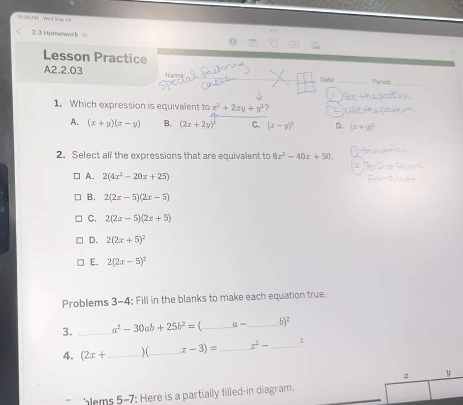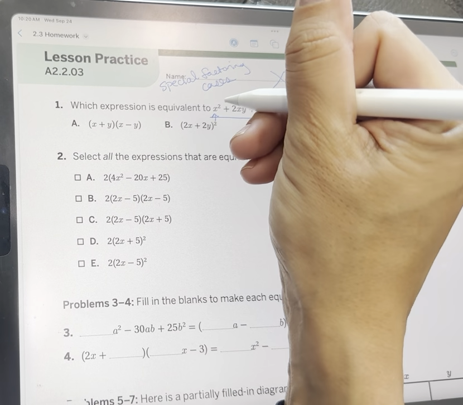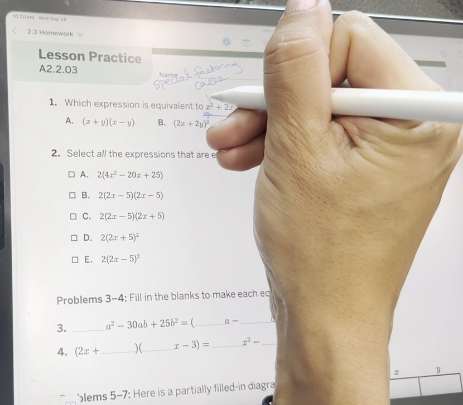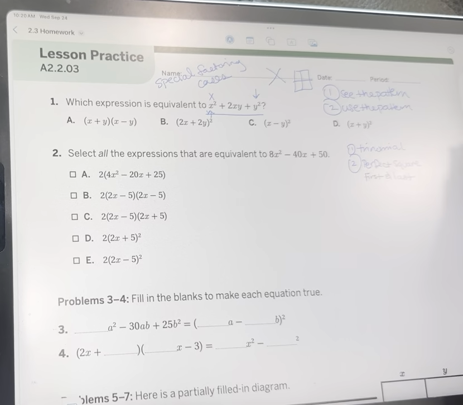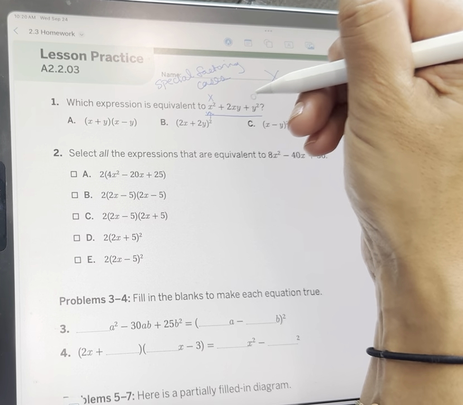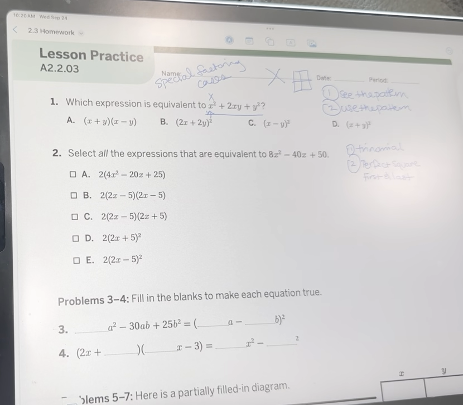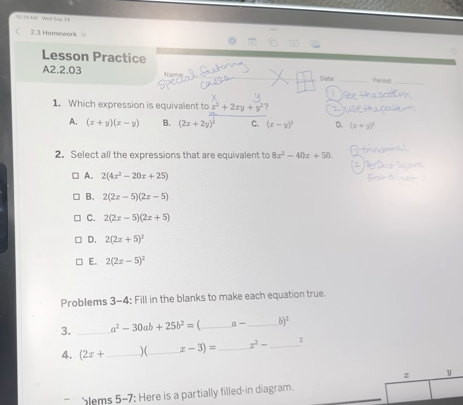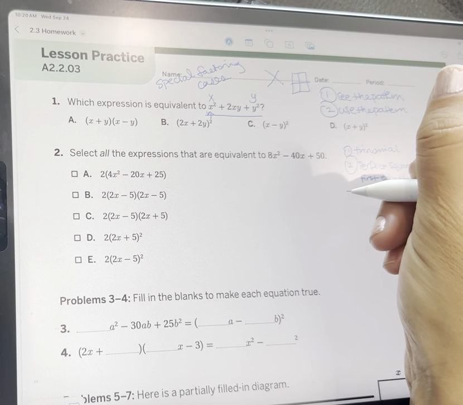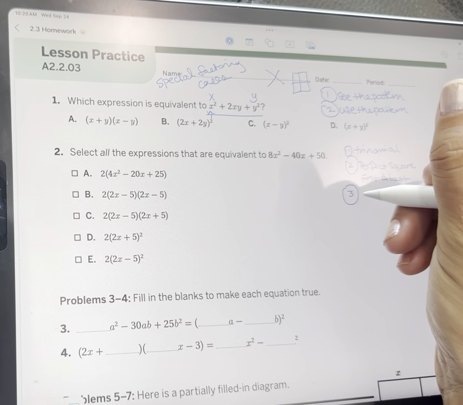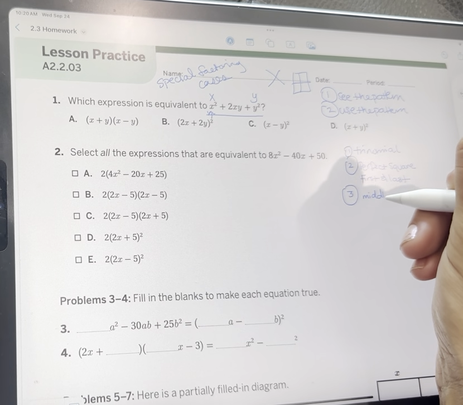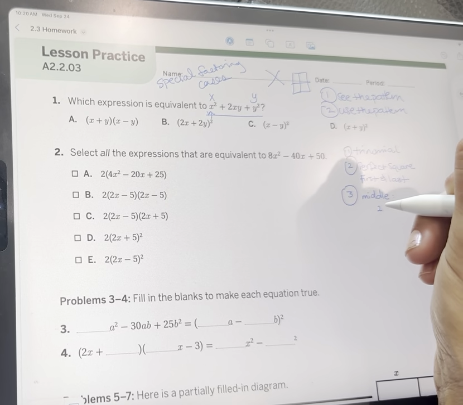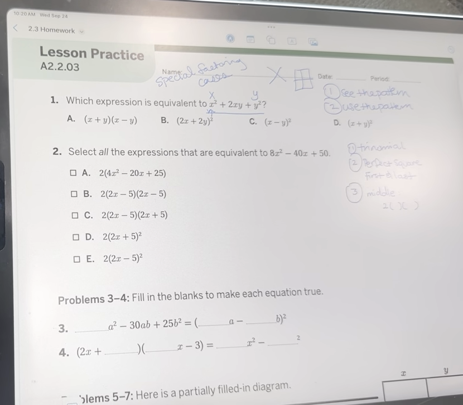Okay, then what I do is I get the square roots of these guys. So the square root of the first perfect square, x squared, is x. And the square root of that second perfect square, y squared, is y. So now the third thing this pattern needs is the middle to be 2 times the 2 square roots.